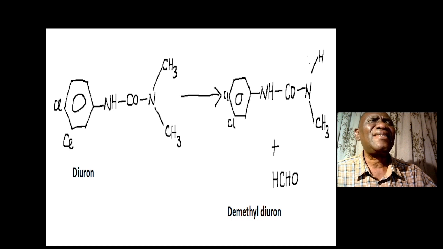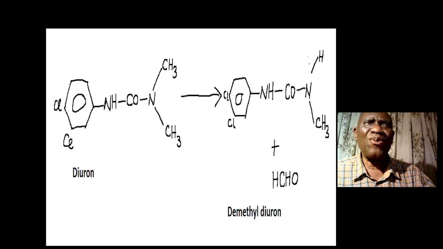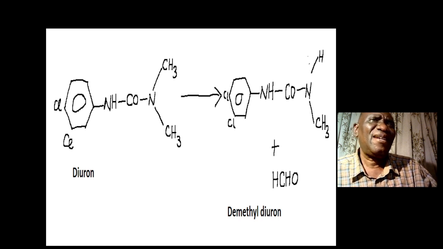This CH3, this can be removed, leaving the H here. And you have this, the formation of the OH is now on the methyl part. Once you remove CH3, this will cease to be the herbicide.